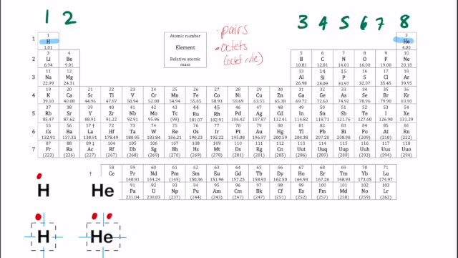And these numbers can be seen if we count the elements in the row. So hydrogen's 1, helium's 2. And that reflects the number 2. And if we go to the next row, row 2, and we count those elements, we see that there are 8.